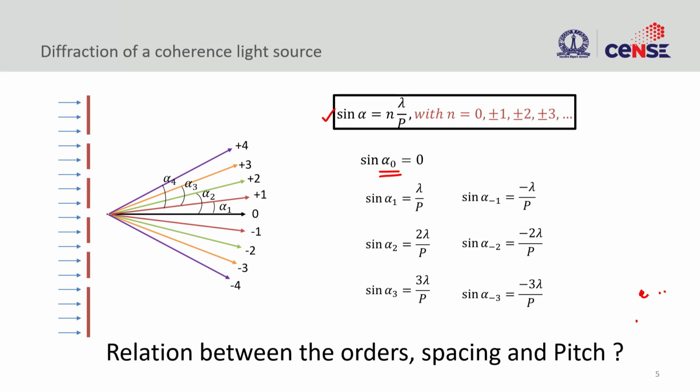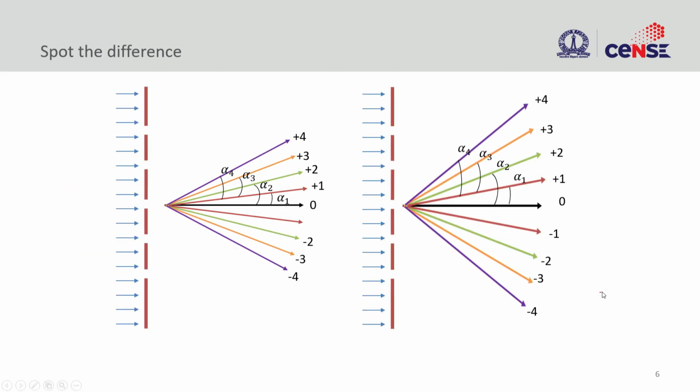So, the diffraction angle is 0, there is no diffraction, there is a straight passage of this particular beam. When I put 1 and minus 1, you have lambda over p and minus lambda over p. That is my plus 1 order and minus 1 order. These are all the diffraction orders. And then when I put 2, it becomes 2 lambda over p, minus 2 lambda over p, 3 lambda over p and so on. So, it keeps on continuing.